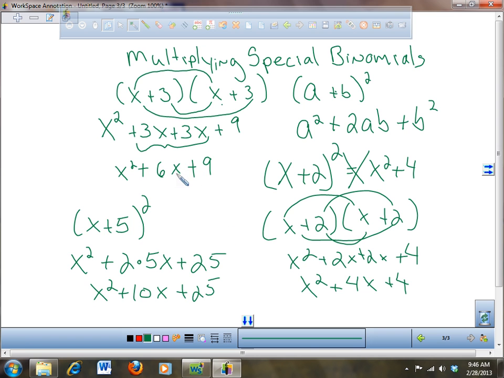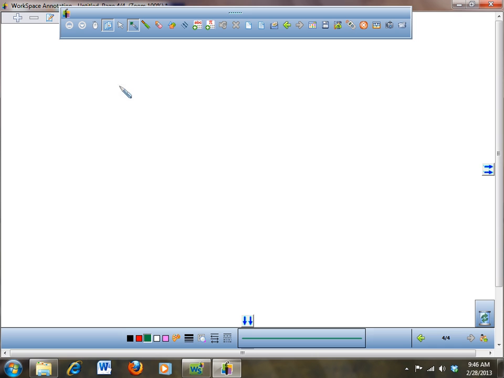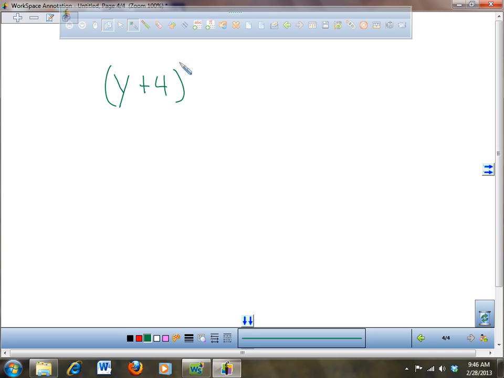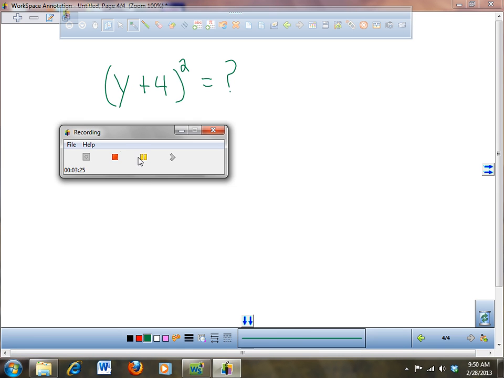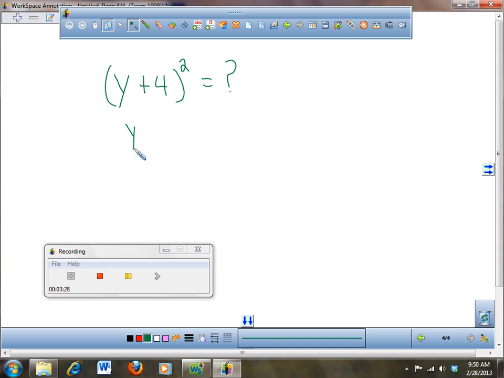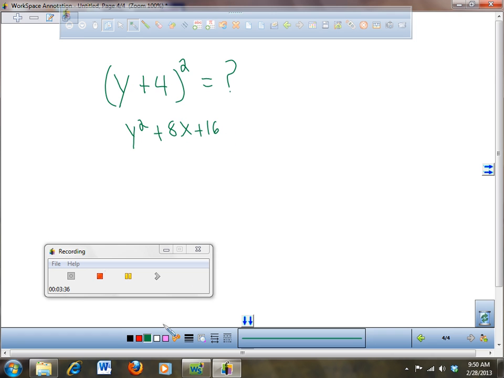So you try, without actually FOILing it, see if you can tell me, we'll put a different letter in there, y plus 4 squared. Sarah just said it's y squared, 2 times this, so that's plus 8y, plus this squared, which is plus 16.